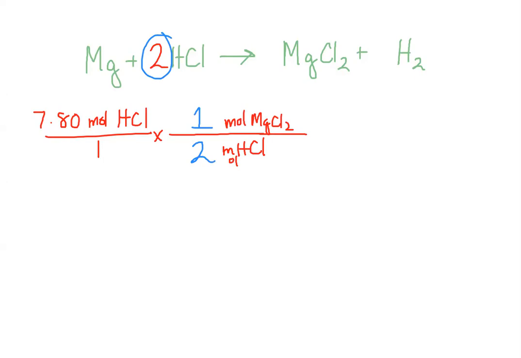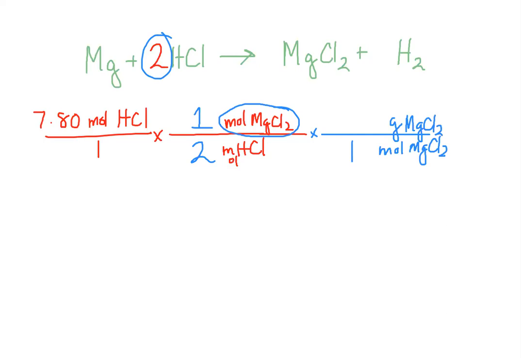And now this is going to give us moles of magnesium chloride, but the problem is asking us for grams of magnesium chloride. So we're going to have to put moles of magnesium chloride down here and grams of magnesium chloride up here. And this number that we put in here is going to be from the periodic table.